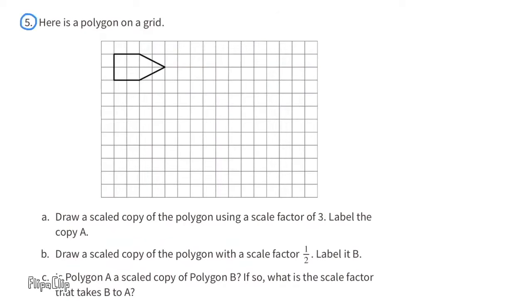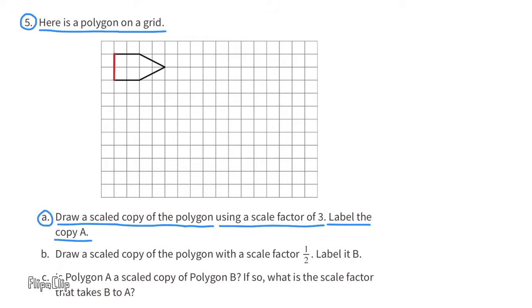Number 5. Here is a polygon on a grid. A. Draw a scaled copy of the polygon using a scale factor of 3. Label the copy A. Using a scale factor of 3 would mean that all the side lengths of the copy would be 3 times longer than the side lengths of the original figure.